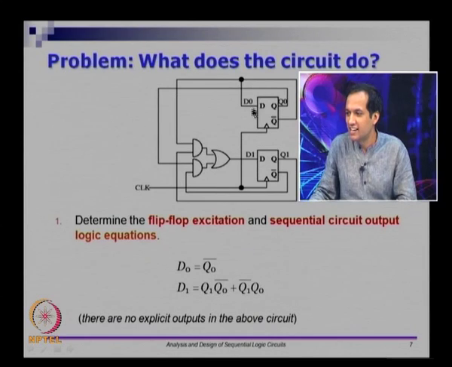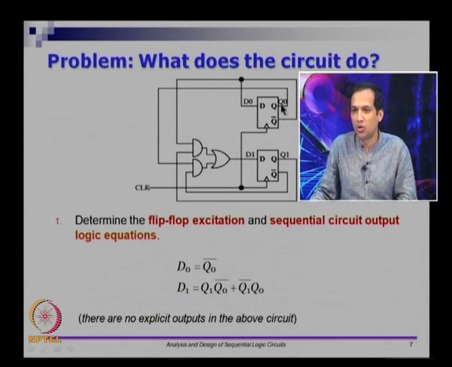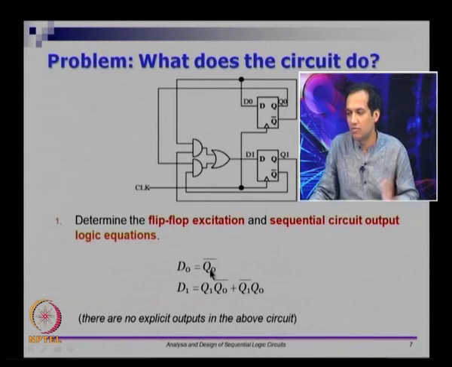So, it looks like this is part of the next state forming logic. If you take Q0, complement it and give it to D0, that will be your next state logic. From the current state and the inputs in this circuit, there does not seem to be any input. Based on the current state, you are able to say what the next state is. So, Q0 bar is D0.